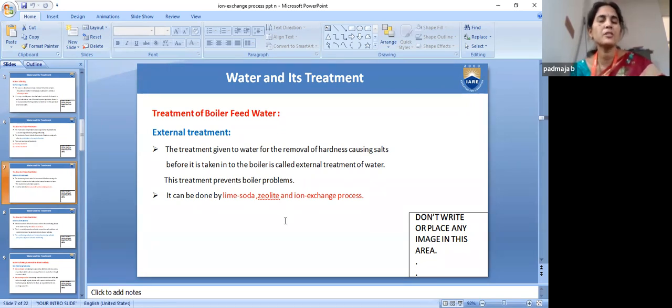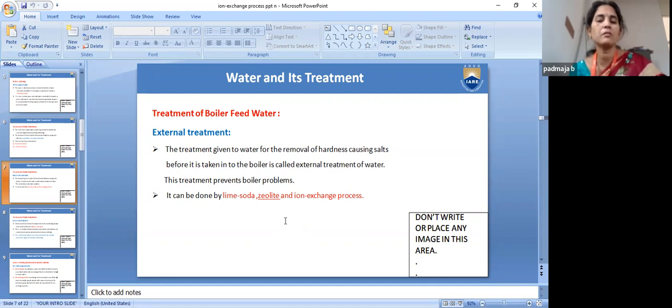What are the methods in external treatment? The lime soda process, zeolite process, and ion exchange process. There are three methods in external treatment, but we are going to discuss only one, the ion exchange process. The lime soda process we already covered as an example in permanent hardness, in types of hardness.